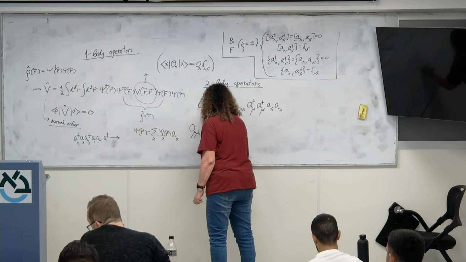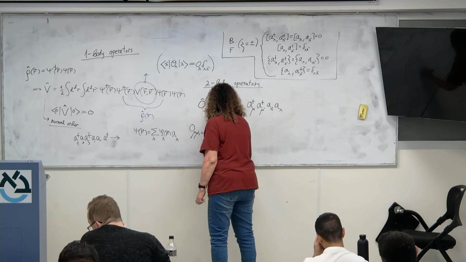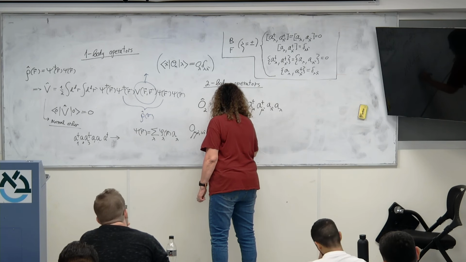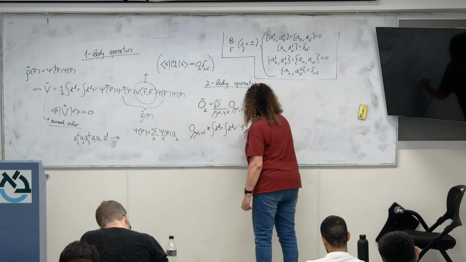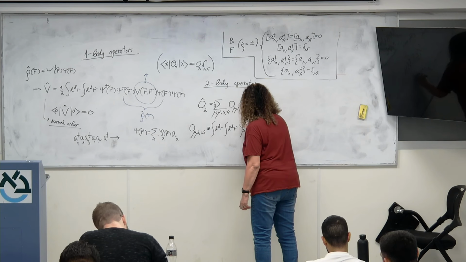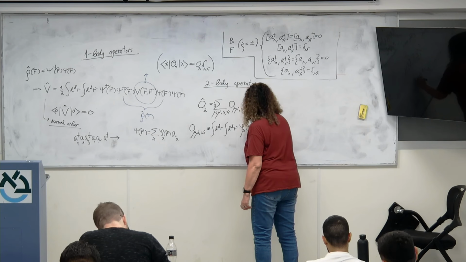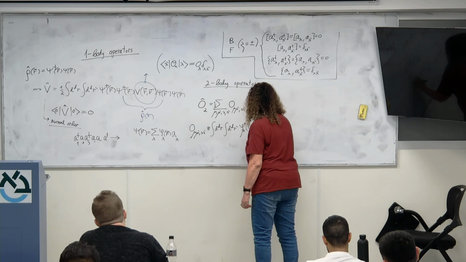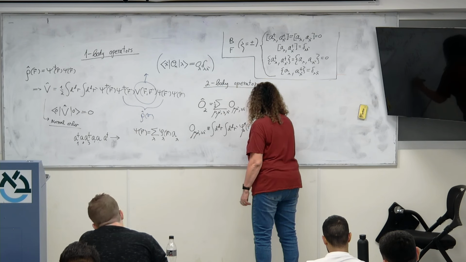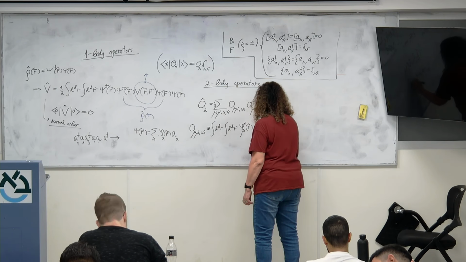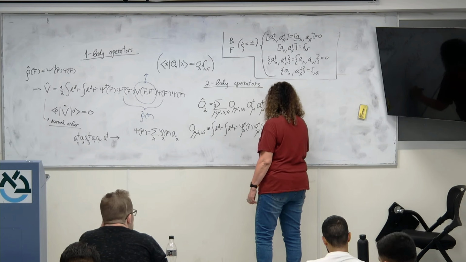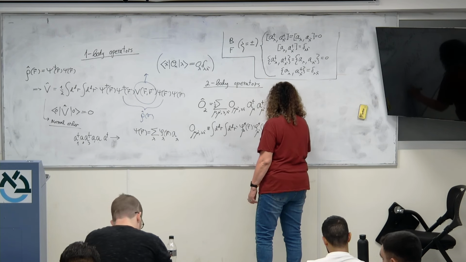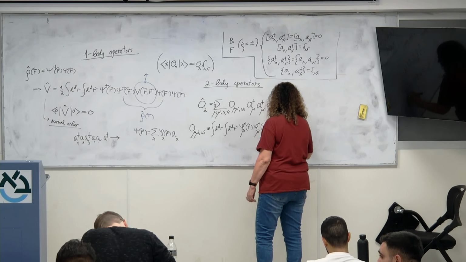It's an integral over R and R prime of phi mu of R, phi mu prime of R prime, phi lambda prime of R prime and phi lambda of R.